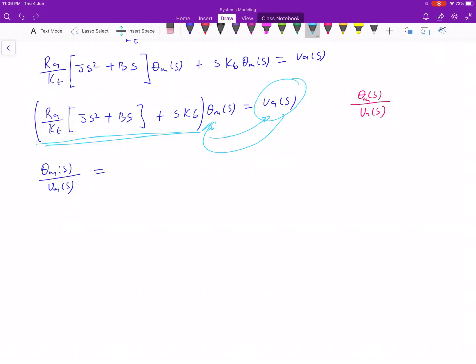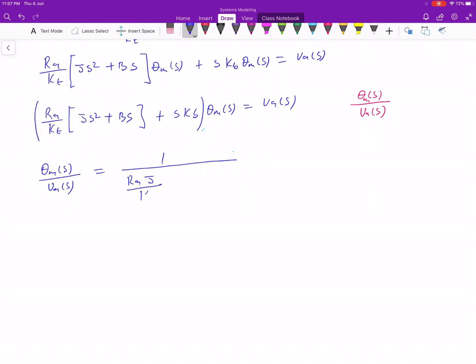Just basic manipulations. So we are going to have 1 over RA times J over KT times s squared plus RA B over KT times s plus KB times s.